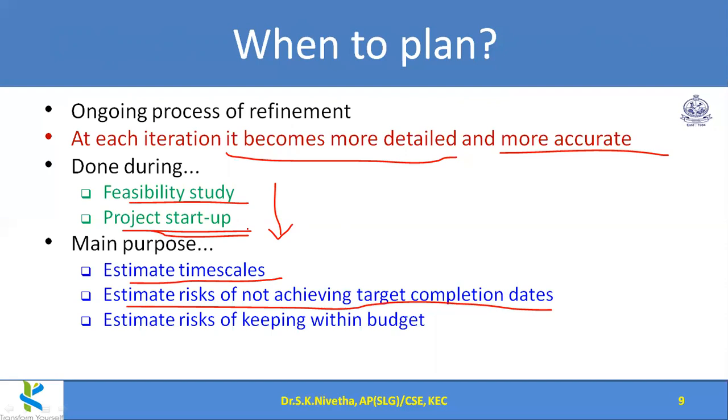But after that, while tracking it, if something has some deviation, we have to do planning one more time, and accordingly we can refine, and we can have a confirmation whether there is any risk of not successfully completing on time. So that we will have some idea about whether we have a risk. That risk is what? Not successfully completing the project on time.